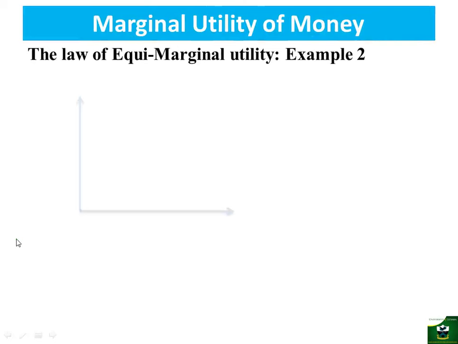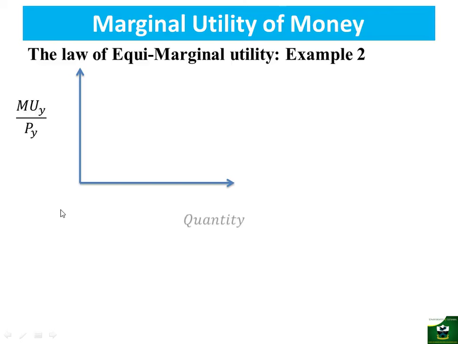Now, needed is for us to now draw the graph. So on the vertical axis, for the first one, we draw the ratio of marginal utility of Y to price of Y. So we want to derive the demand curve for good Y. And on the horizontal axis, we put the quantity consumed. Now, we made an assumption that the marginal utility of money is constant, and therefore the line will be horizontal.